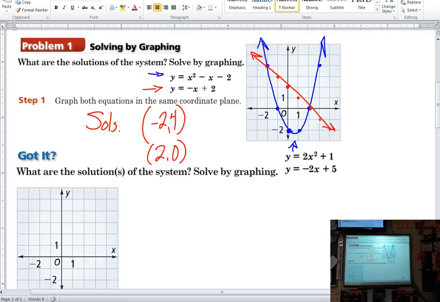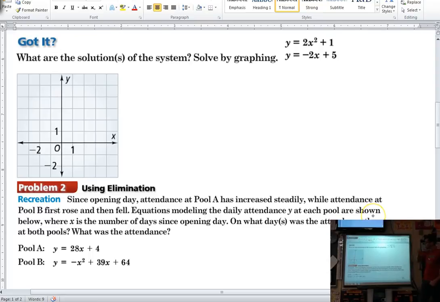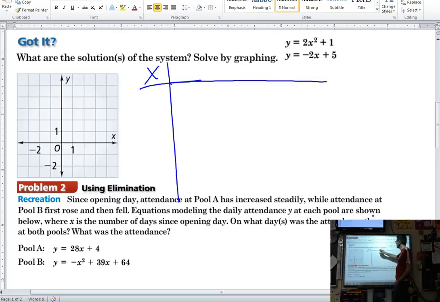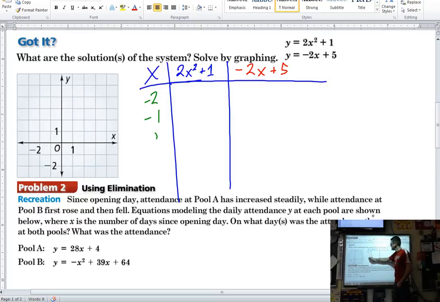Try the got it on your own. If you want to use a table in your TI-83, you can use that to spit out values. Do not look up here unless you need help.